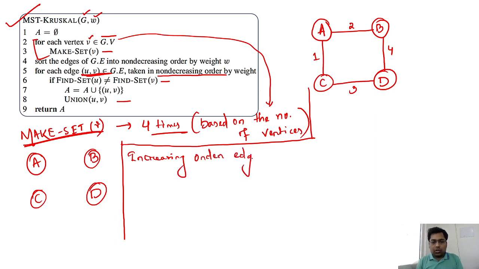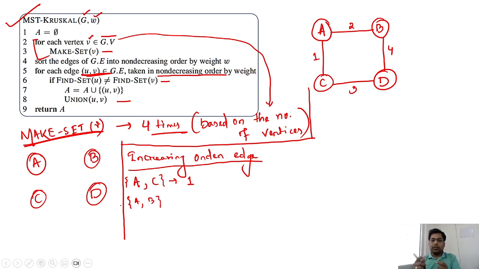In increasing order, AC has weight 1. Based on the weight we are doing the increasing and decreasing. I can write in this format A, B. Though it is undirected, you can write B with A. If directed, U must be first and V must be last. In the UV concept, though it is undirected, I am not writing it that way, but you can interchange that also.